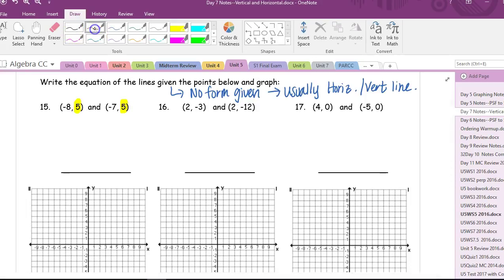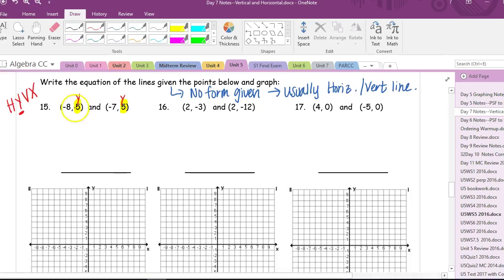That means automatically that this is going to be a horizontal line because both of your y's are 5. All right, again, HIVX, your y's are the same, horizontal line. So you don't need to find slope. You don't need to do point slope form. You don't need to distribute and solve for y.